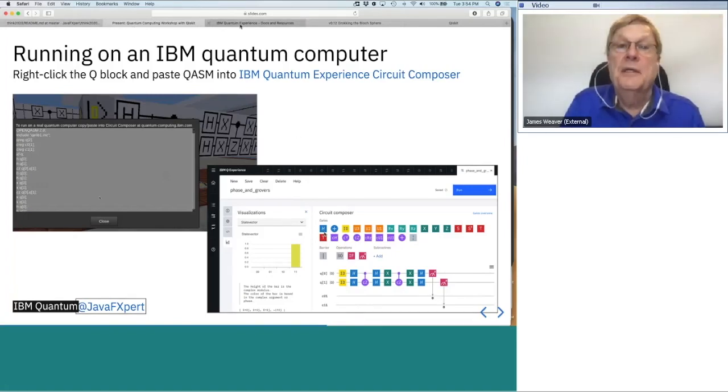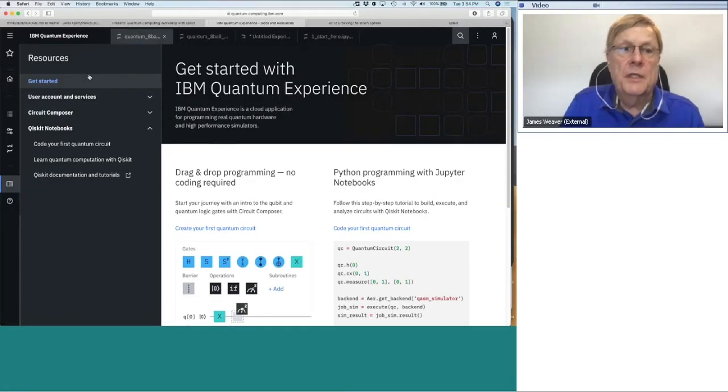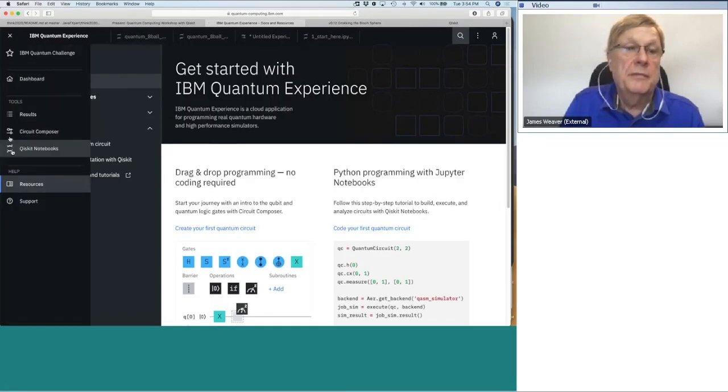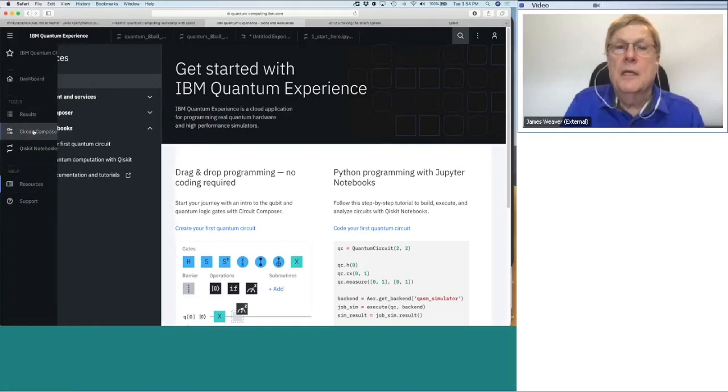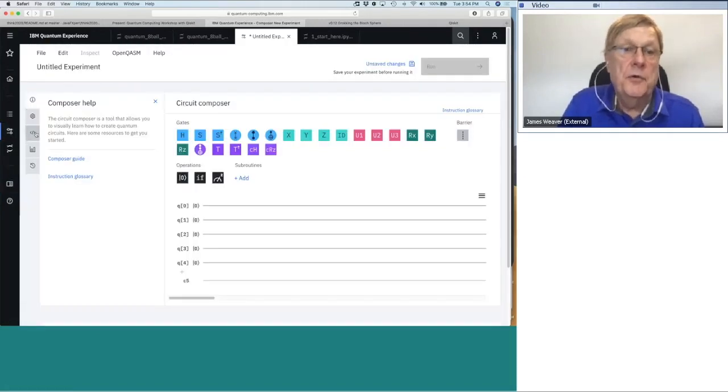So I'll go to the IBM Quantum Experience. I'm going to go into the Circuit Composer, which is right here. And I'm going to say New Circuit. I'm going to go to the code over here. That code is the XML kind of looking thing.